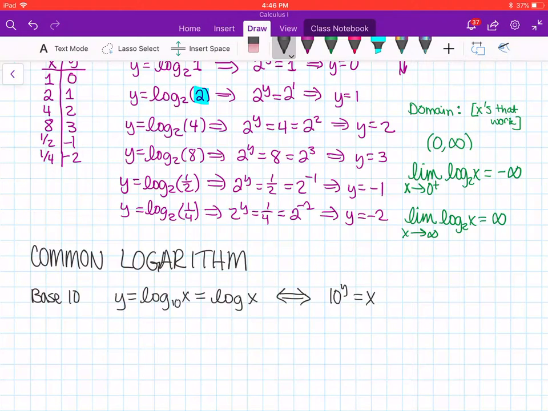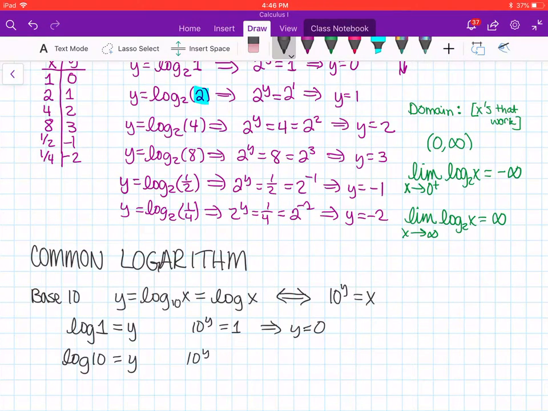Very nice. So we can see some things about log. So log of 1 equals y. We can figure out what that is. So it's 10 to the y equals 1. And we see that y has to equal 0 in that case. If we look at log of 10, we get 10 to the y equals 10 to the first power.